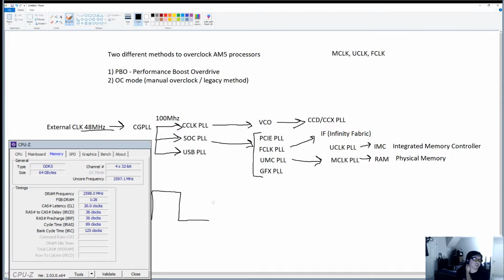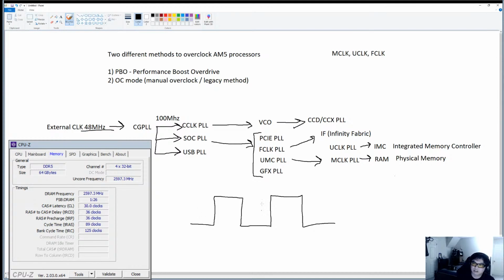This is essentially one clock cycle. Oh, you guys can't see it because CPU-Z is in the way. Let me move it over here. Let me do another rising edge. We'll just draw it out like this, so this makes sense.